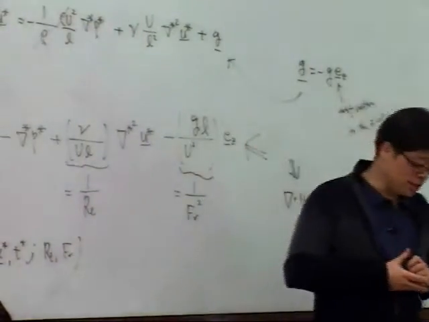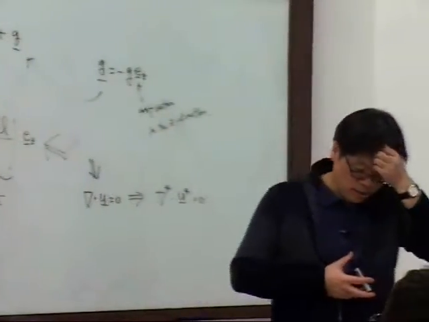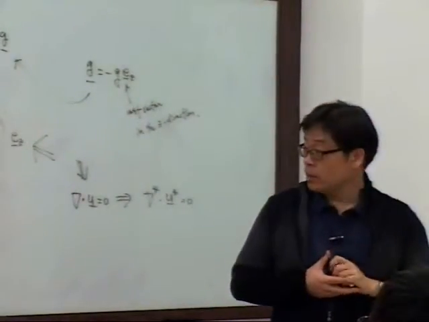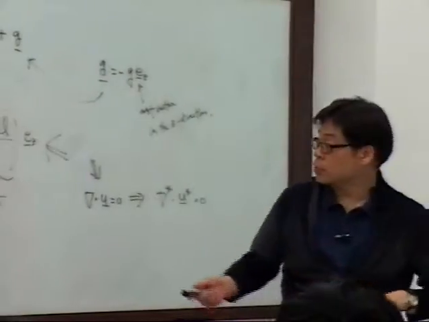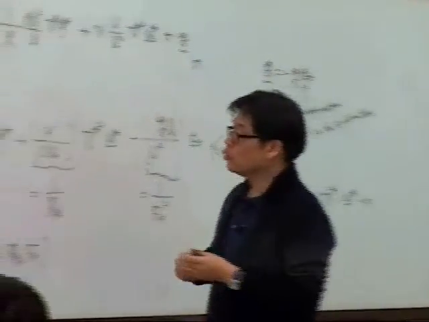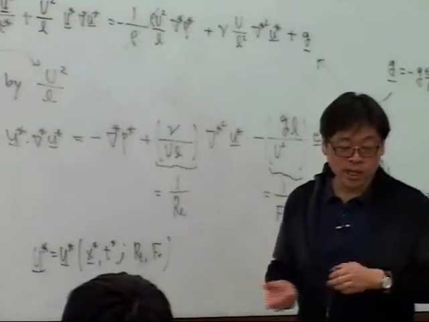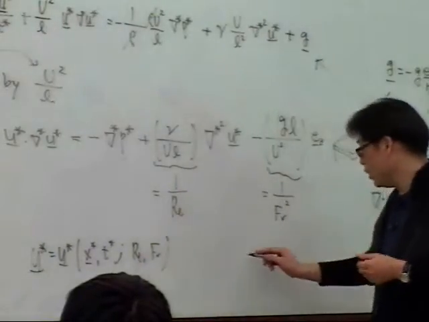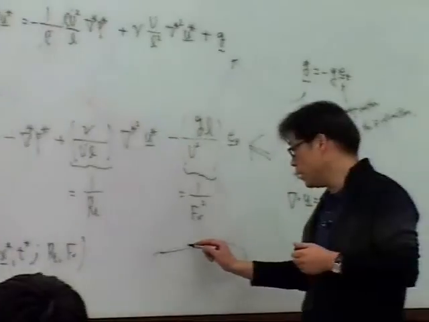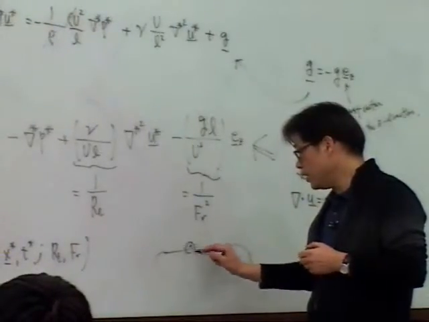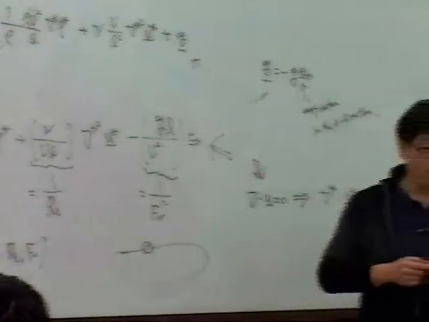But there is some caution about that. This is true when we use the global characteristic length and characteristic time. If you're really close to the body, the viscosity plays a role.